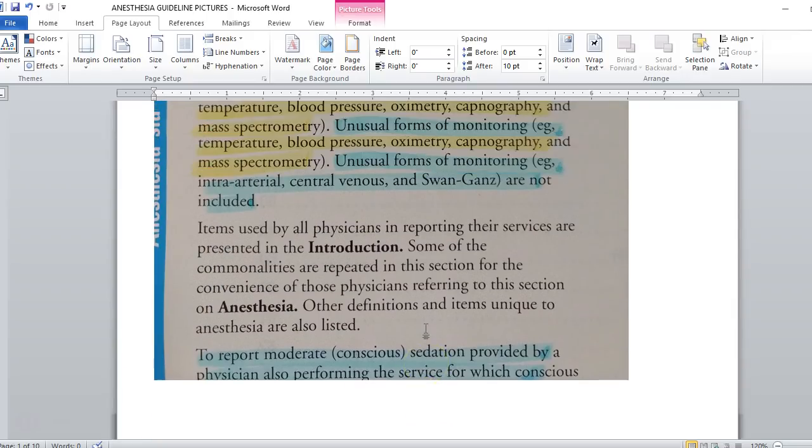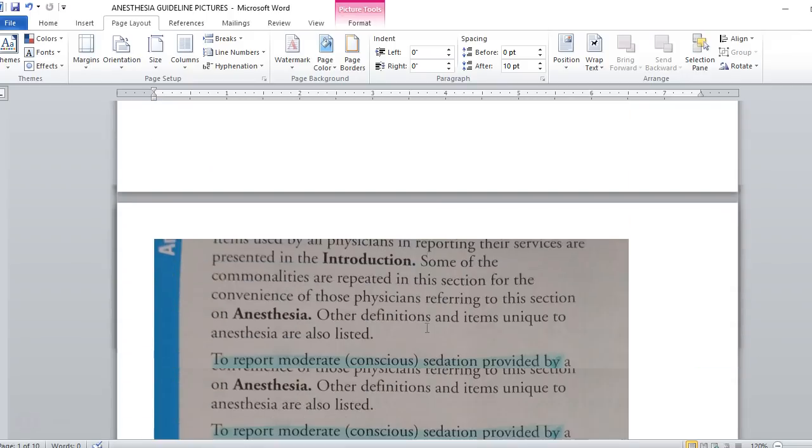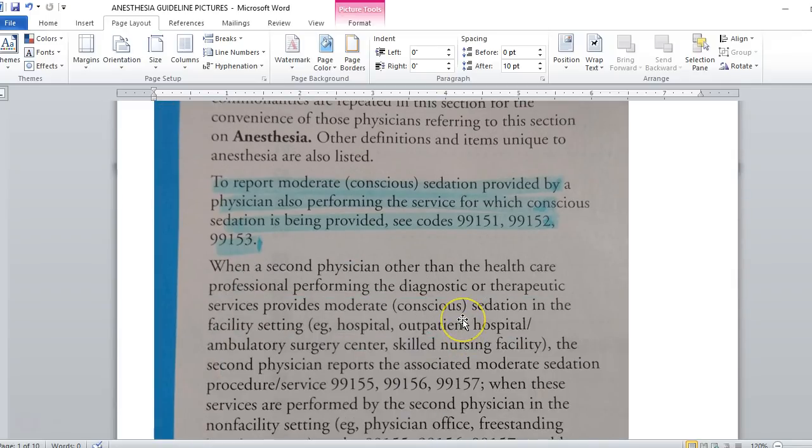Okay, it then goes down, and you can see down here. Now, the reason why we have this notation to report moderate or conscious sedation provided by a physician who is also performing the services for which conscious sedation is being provided, see codes 99151, 152, and 153. So the reason why they have this notation and the following notation is because if you go back and look in a 2016 CPT book, you're going to find that we had something called the bullseye, okay?